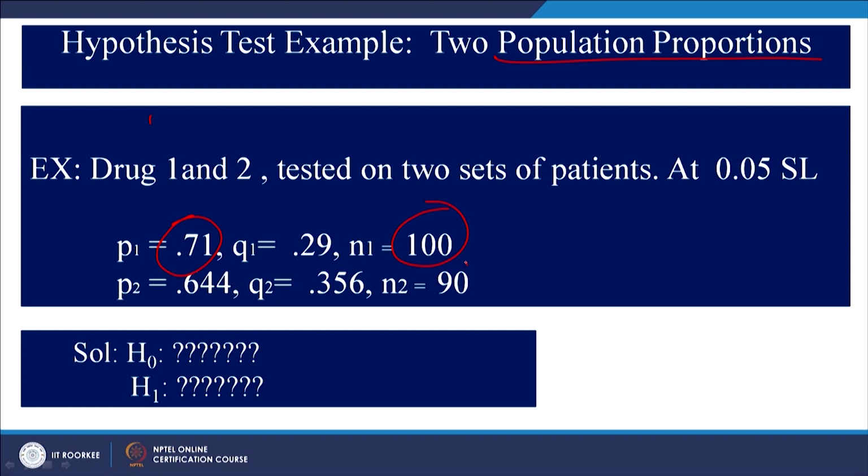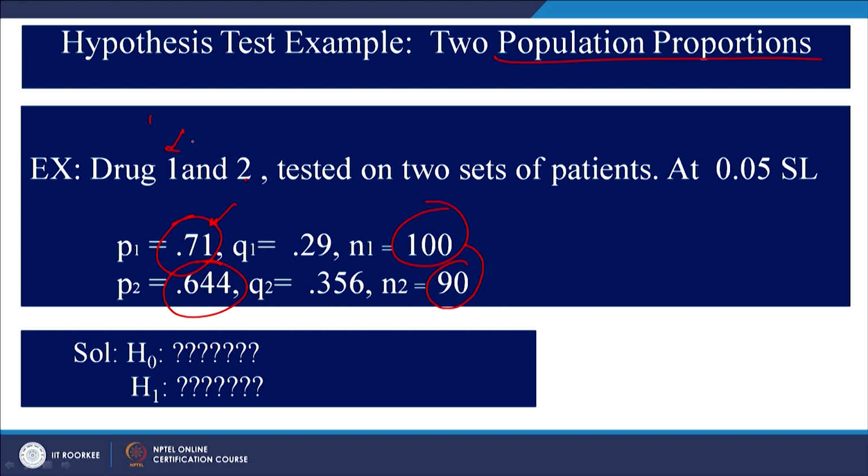Drug 2, when you test it on 90 samples or 90 patients, is effective on 64.44% of patients, who have positively reacted to this particular drug 2. Similarly, 71% of patients positively reacted to drug 1.